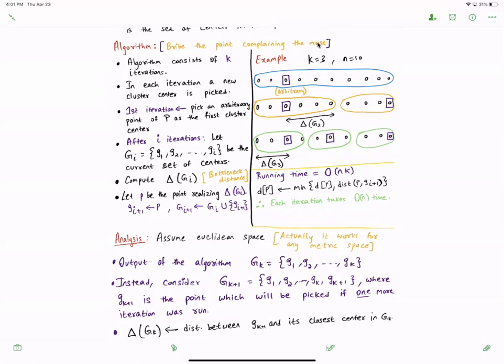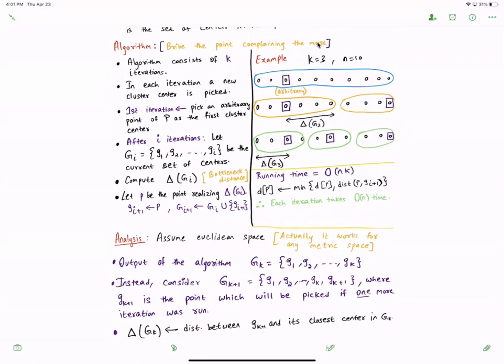Okay, so the output of the algorithm finally after k iterations will be this set capital Gk, which is the set of g1, g2, and so on up to gk, right? But for the sake of analysis, let's imagine the algorithm had run for one more iteration.